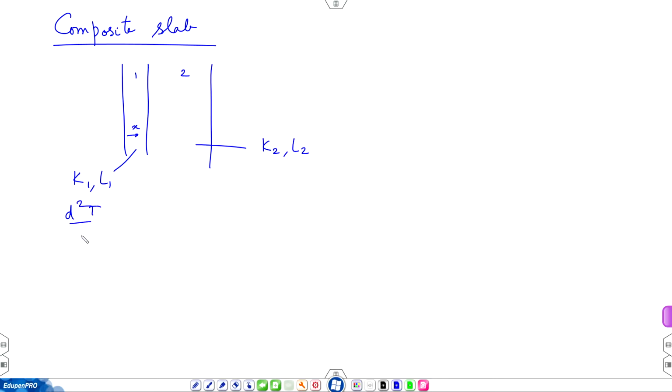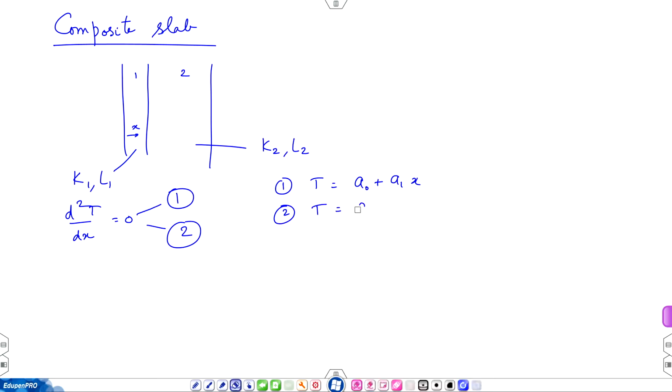So, d2T/dx2 is 0 in both regions. In 1, T is equal to a0 plus a1x and in 2, T is equal to b0 plus b1x. So, this problem requires you to find 4 constants a0, a1, b0, b1.